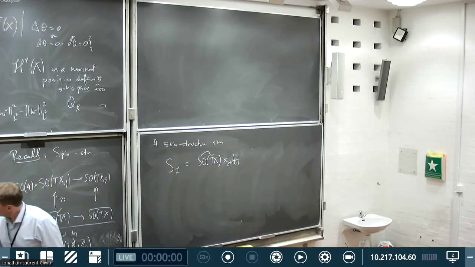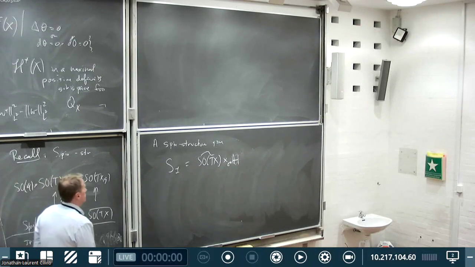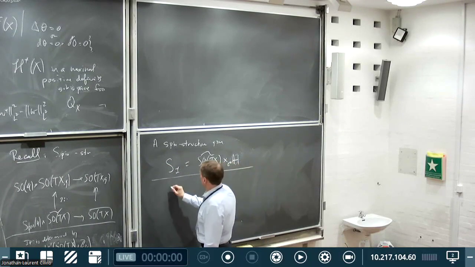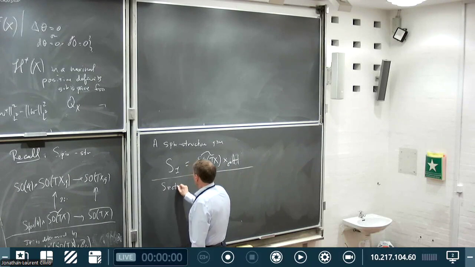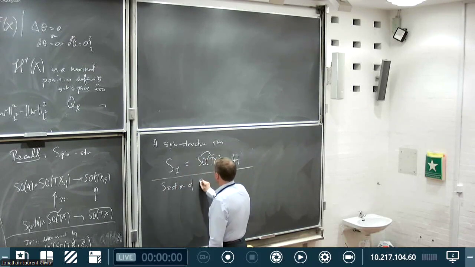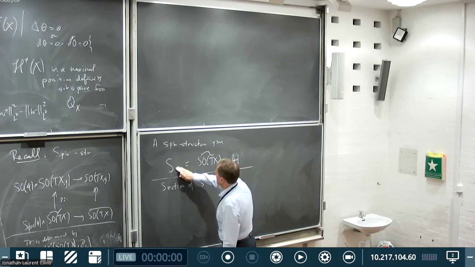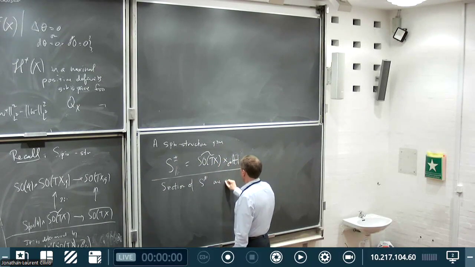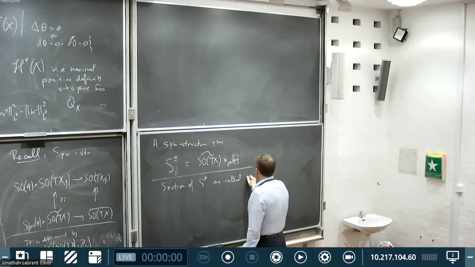Those are the projections from Spin(4) onto these two factors. And sections of S plus and minus are called spinors.